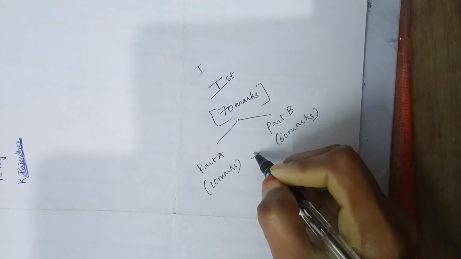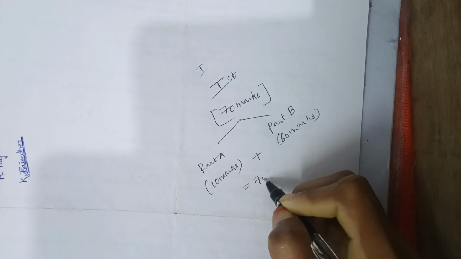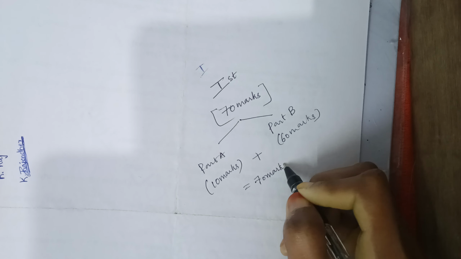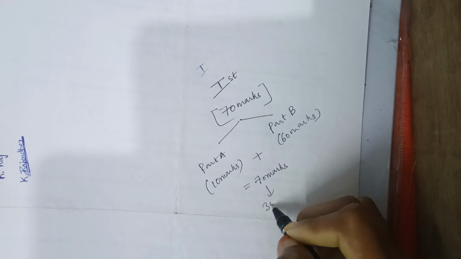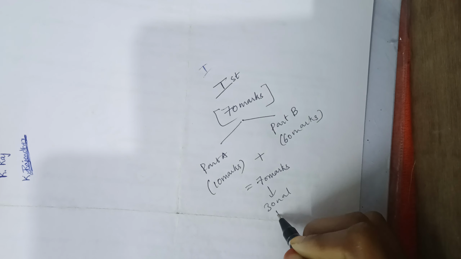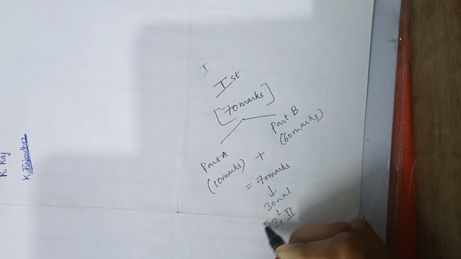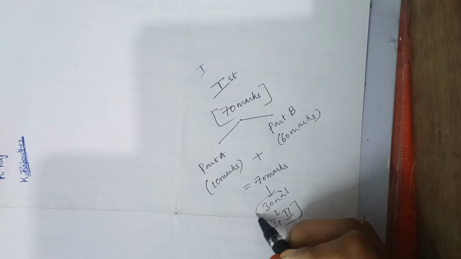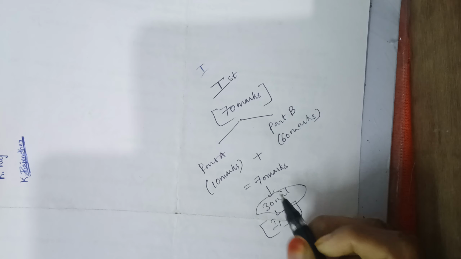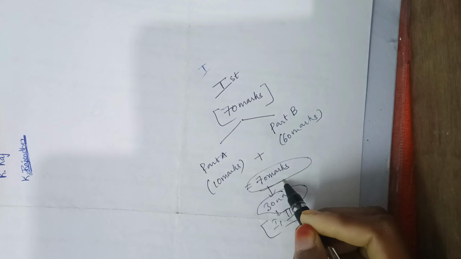So if we add them, it becomes 70 marks. And the remaining 30 marks are your internal 1 and internal 2 marks. These 30 marks you will get from the college, and the 70 marks are from the semester exams.